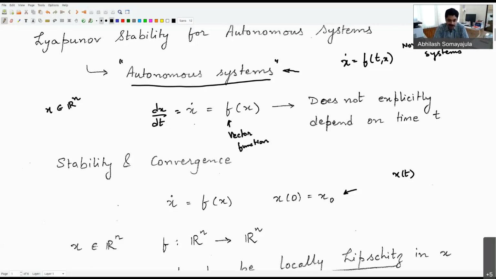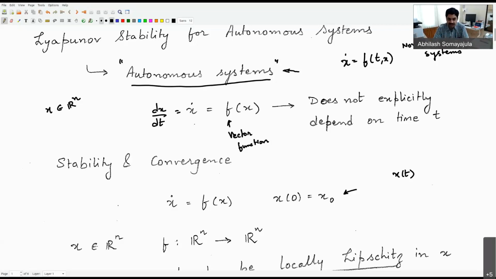In order to study this properly, we need to come up with the idea of when such differential equations give me solutions which are bounded and converging, or when they give me solutions which are unbounded and running off to infinity. So stability is basically the idea of observing what is happening to the solutions of this differential equation system as I am evolving in time. That's what I want to understand.